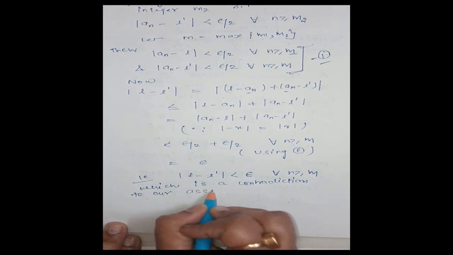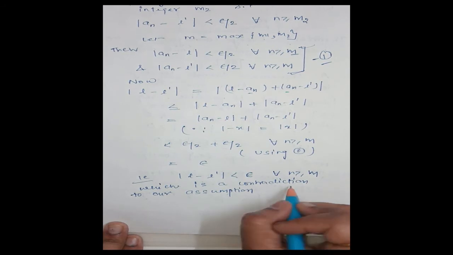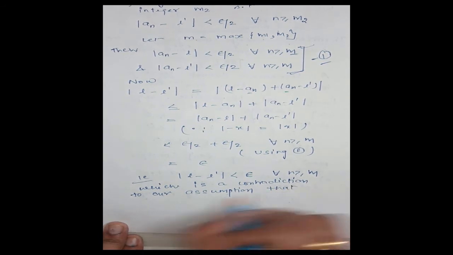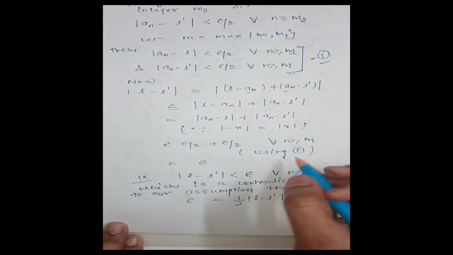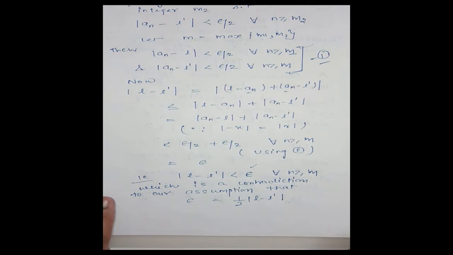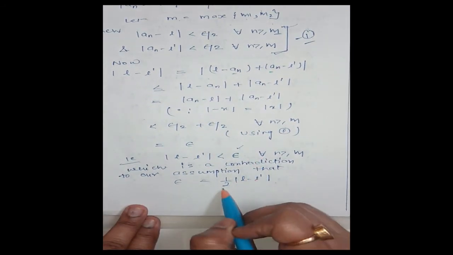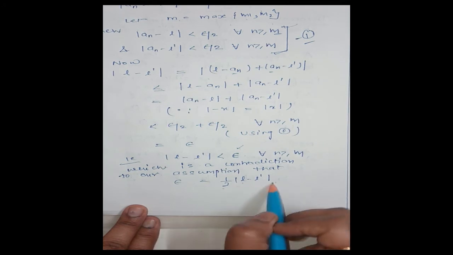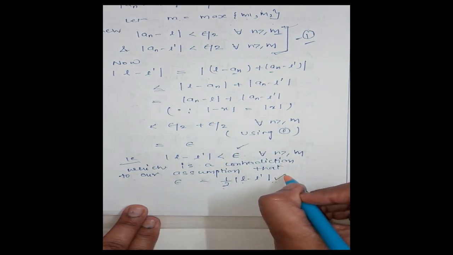Since we have taken epsilon to be 1 by 2 into mod L minus L dash, and here we are getting mod L minus L dash less than epsilon, these two contradict each other.